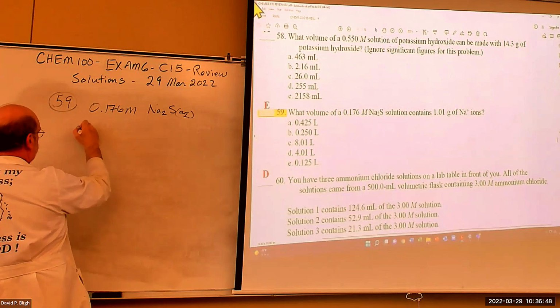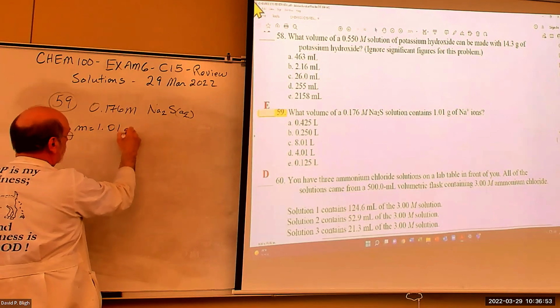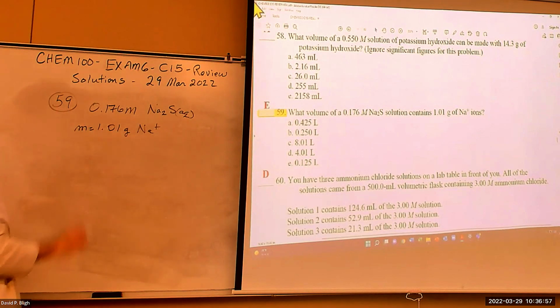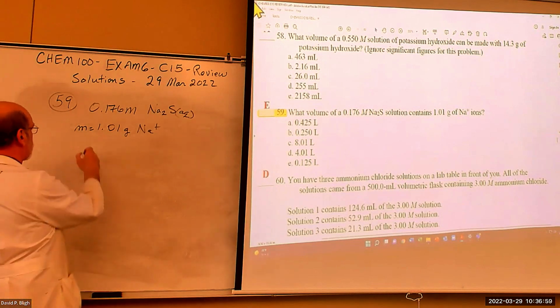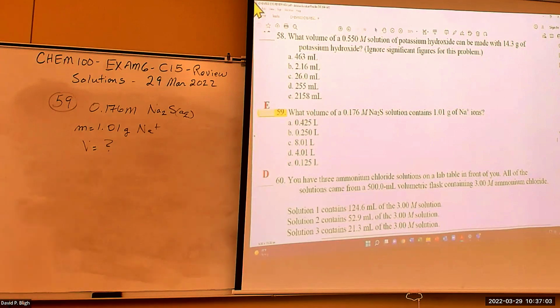The mass is going to be 1.01 grams of sodium ions. And the question is, what volume?